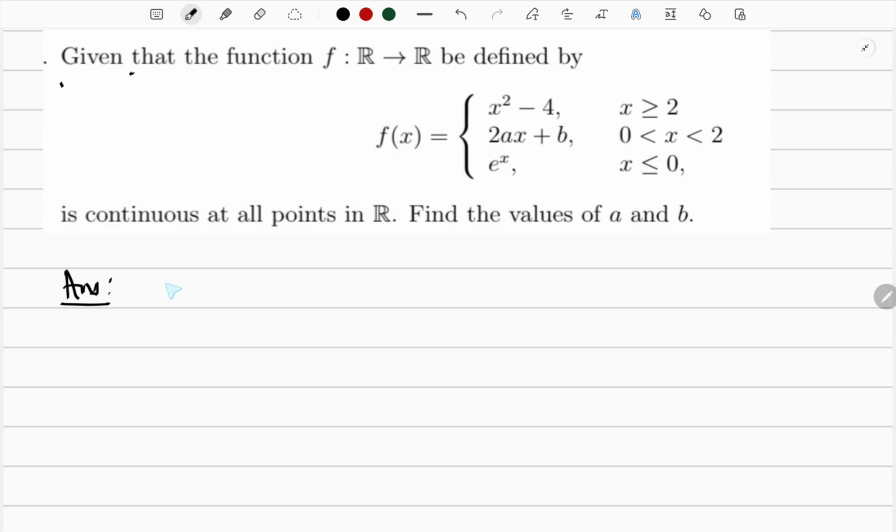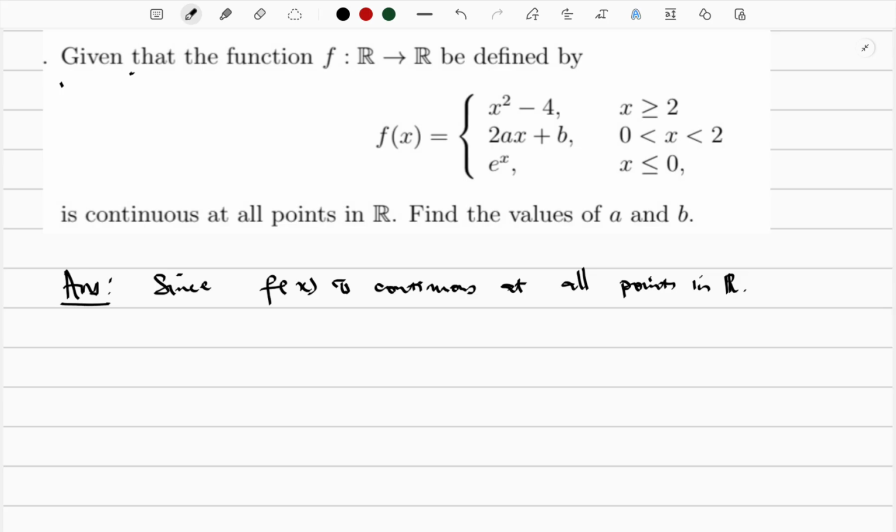So since f of x is continuous at all points in R, it means that those three conditions hold.